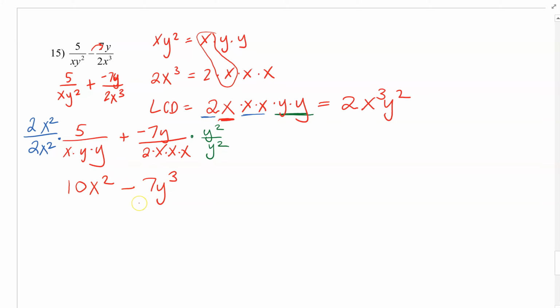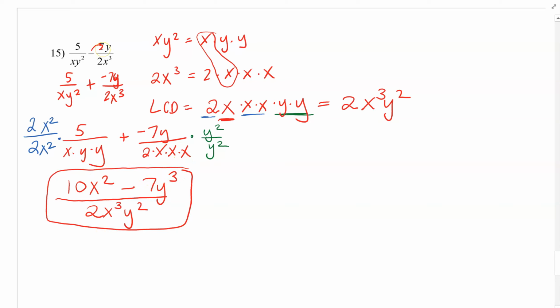Might as well just think of it as subtraction. 10x squared minus 7y cubed. And then all of that is over my LCD, right? Both of these denominators have a 2, have 3 factors of x, and 2 factors of y. And there's not really any way to factor the numerator, so I'm not going to be able to simplify this at all. So this would be my final answer in terms of subtracting these fractions.